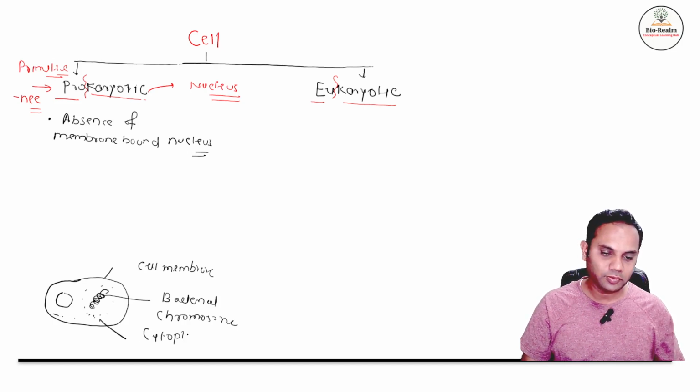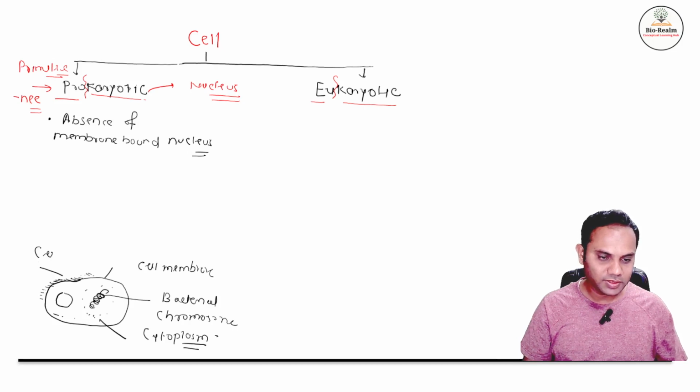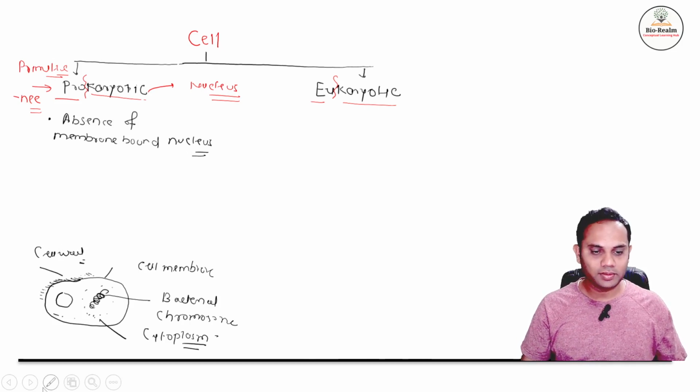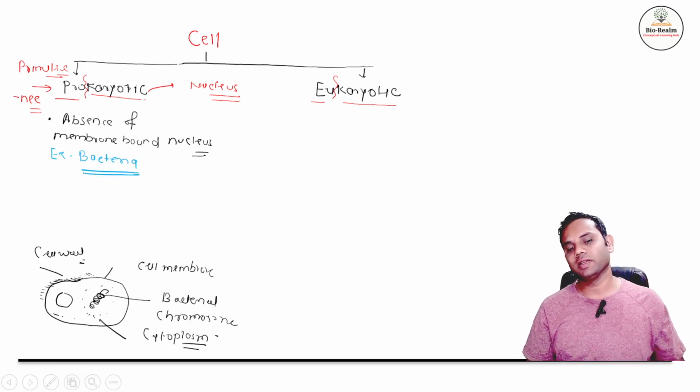Now, sometimes here you may find the cell wall. Bacterial cell wall is there. Presence of cell wall. So the example of this prokaryotic cell is bacteria. Bacteria is the example of prokaryotic cell.